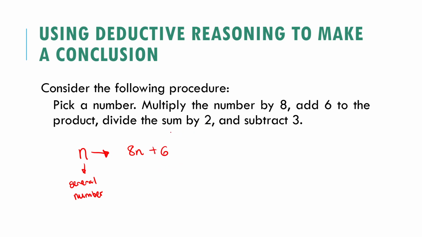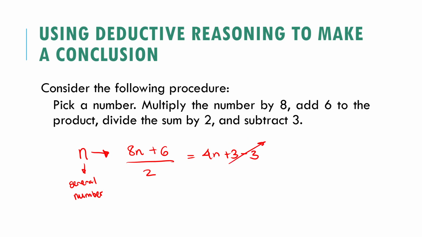Okay, divide the sum by 2, which would give us 4n plus 3, right? 8n divided by 2 would give us 4n, and 6 divided by 2 would give us 3. And then we have to subtract 3.